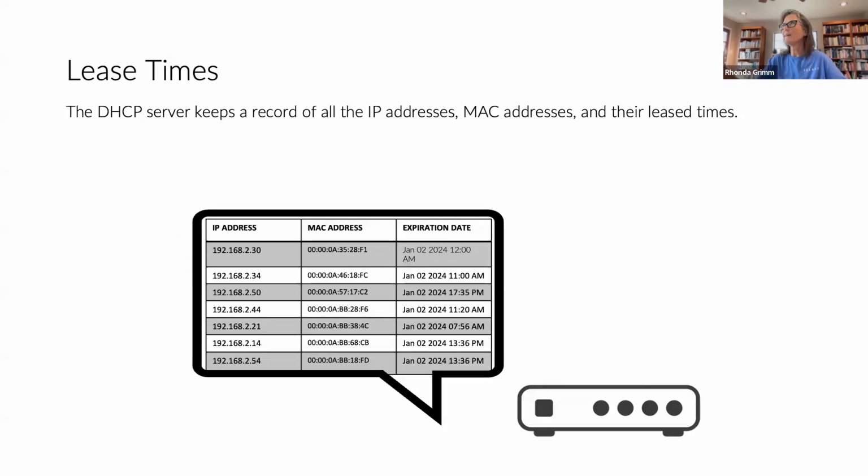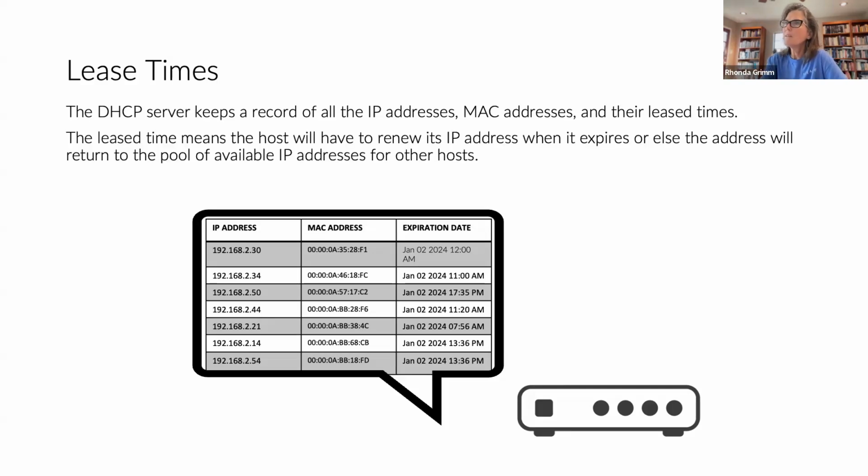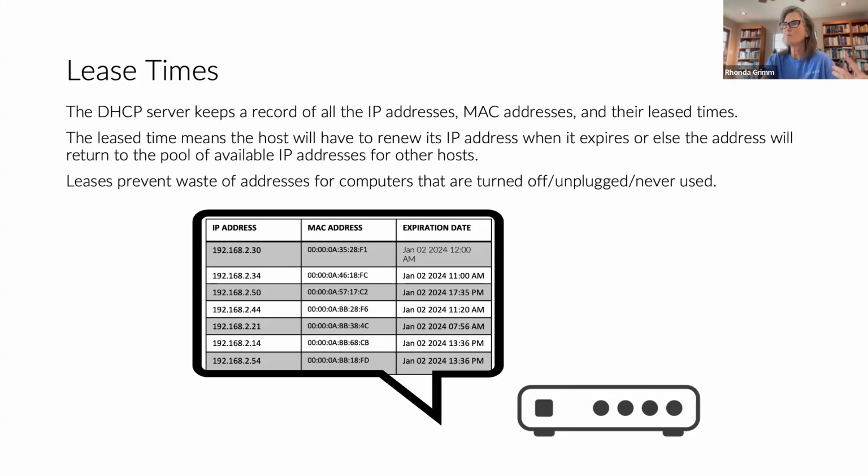You can say, okay, I need a certain number of addresses. And that way, if you keep needing it, that's great. But otherwise, if the device is offline or unplugged or it's just never used, or you had a guest come in and they never came back, you can throw that address at the end of the lease period back into the pool. Then you're not wasting a bunch of addresses.